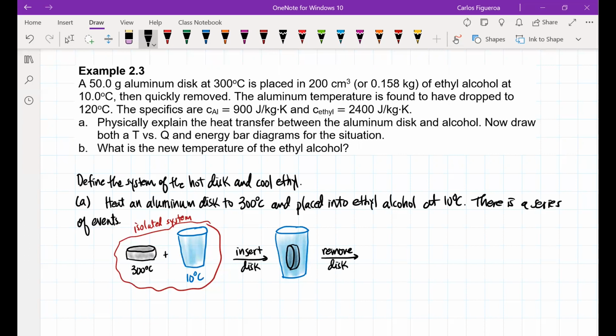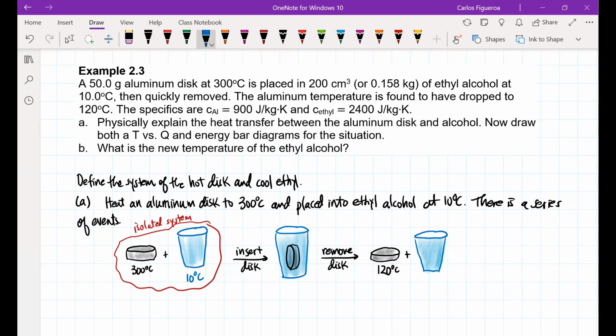The disk has now cooled down, and we know that its final temperature when it's pulled out is 120 degrees C. And so the question we're really asking is, what is the temperature of the alcohol?